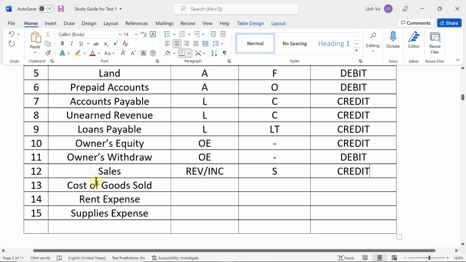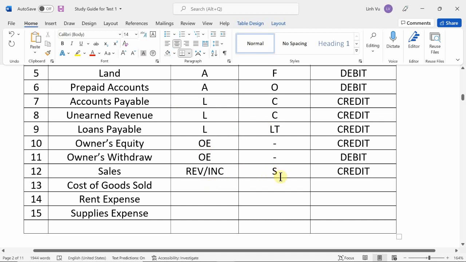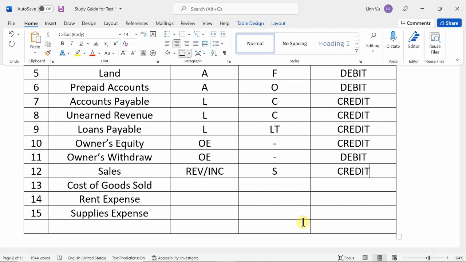Okay? All right, good. So your sales is revenues and income. Because we are looking at a merchandising standpoint, your main core operating income is your sales. So whether you say sales or operating income, those are also universally the same. But let's say you are a service company.